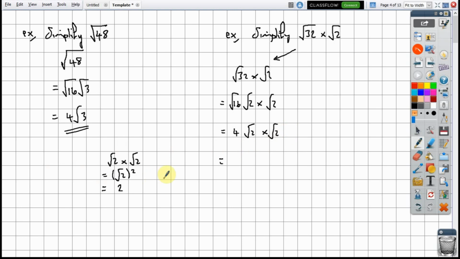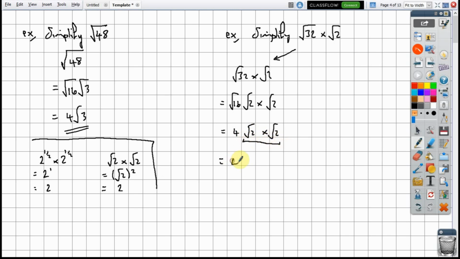If you were to use indices instead, if you really know what you're doing, the square root of 2 can be written like that. And when the bases are the same, and you're multiplying, then you can add the powers. And so we've got 2 to the power of 1, which of course is just 2. So those are two different ways of thinking about what's happening here.